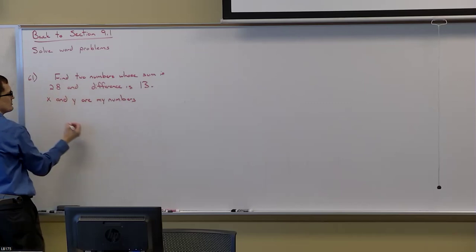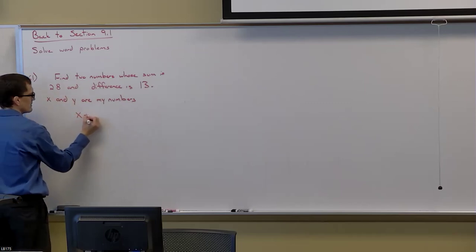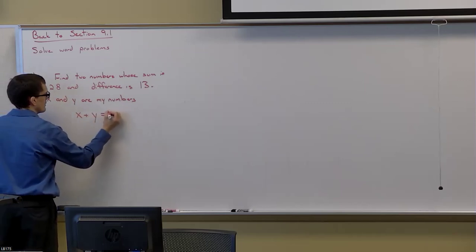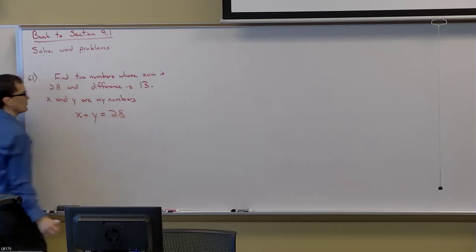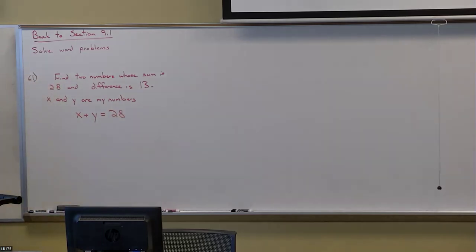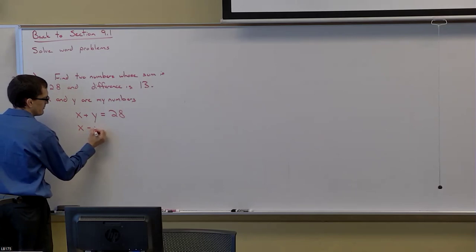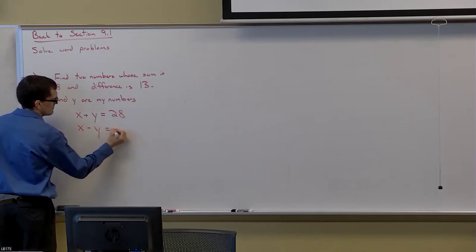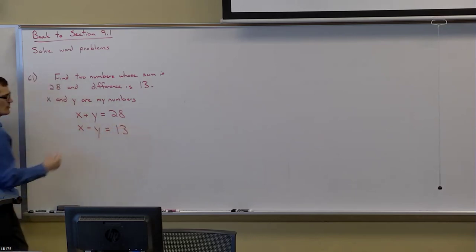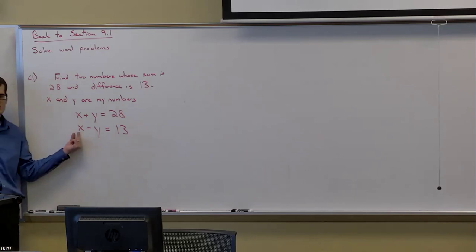If their sum is 28, that means when you add them up, you get 28. And if their difference is 13, that means when you subtract them, you get 13. Here, the way I've subtracted, I've assumed X is the bigger one.